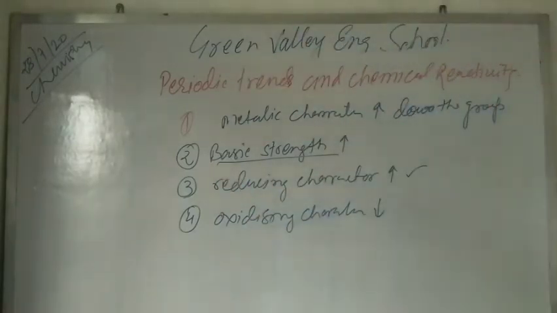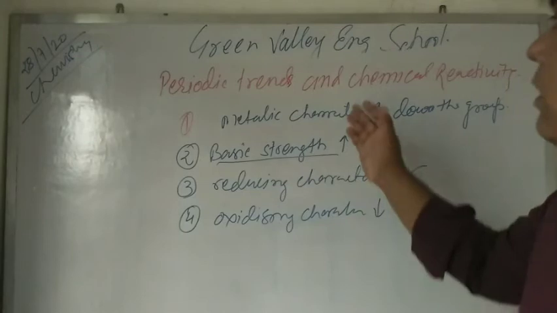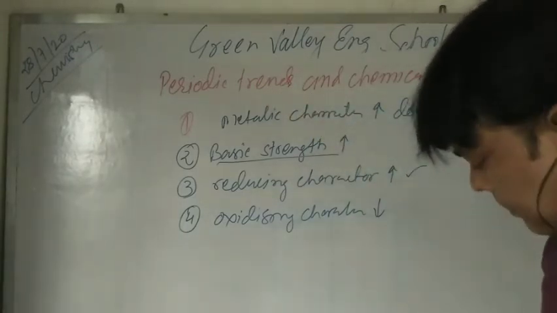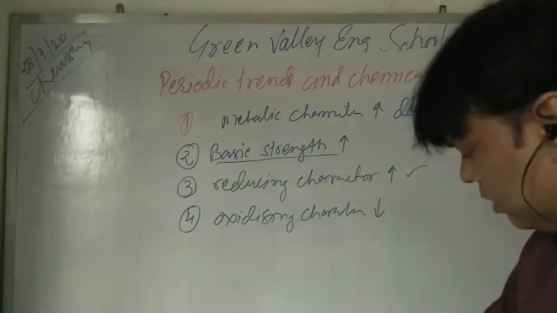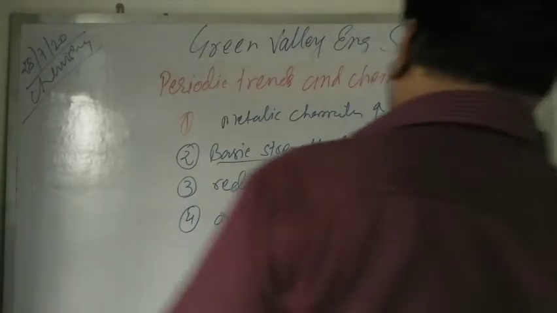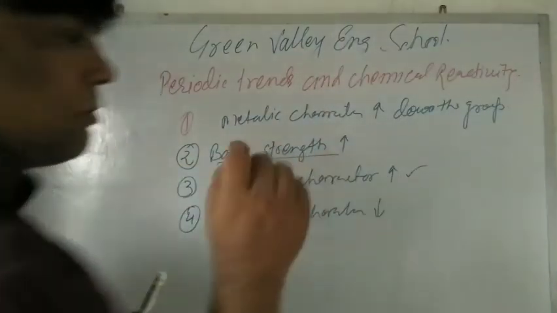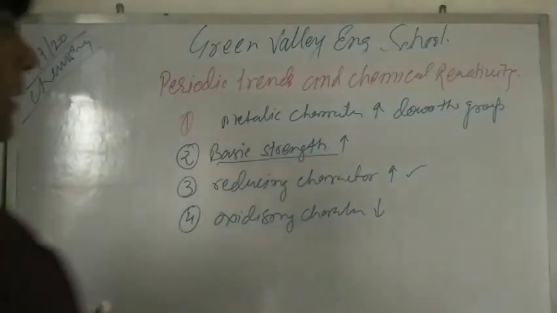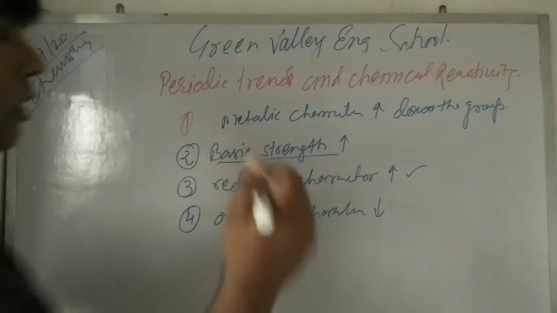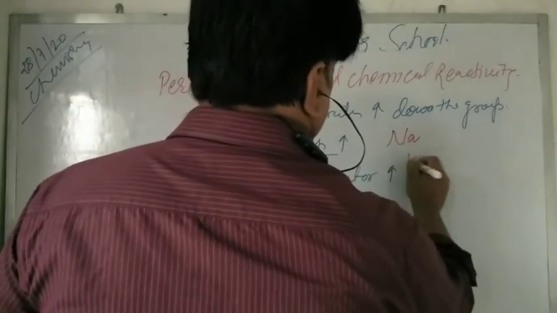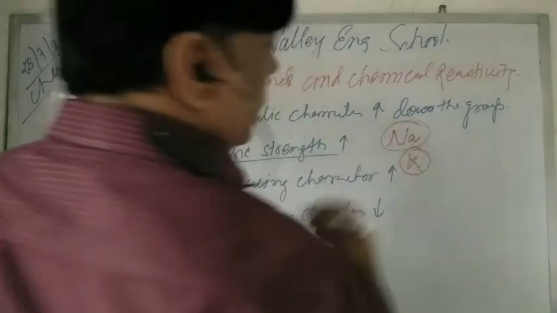So these are 4 points on the basis of which we can find the trend of chemical reactivity. If I ask a question, which one is more reactive, sodium or potassium, and why?